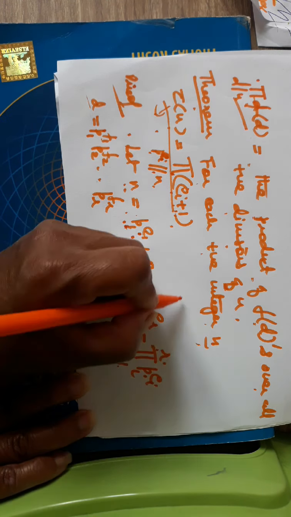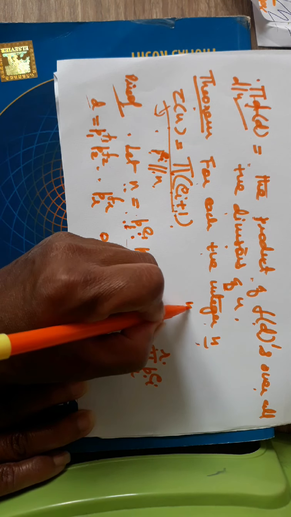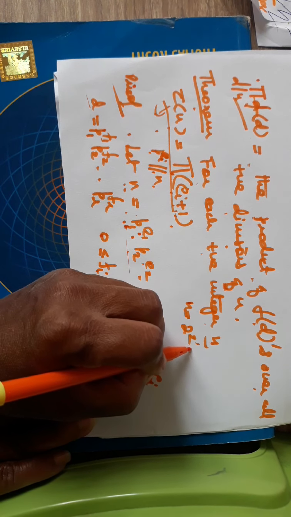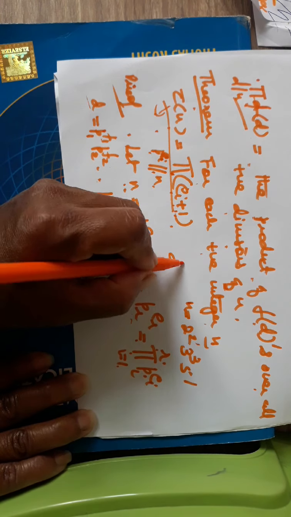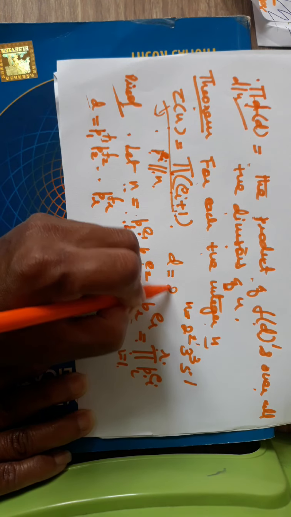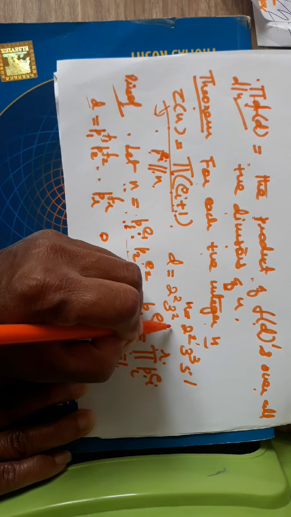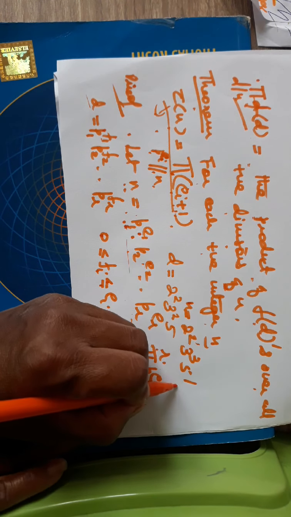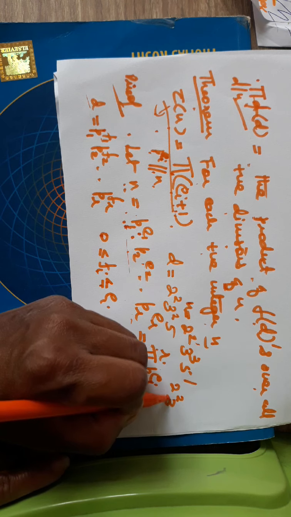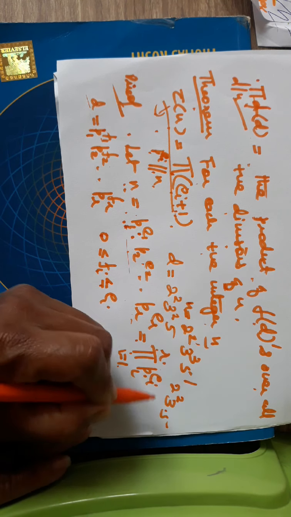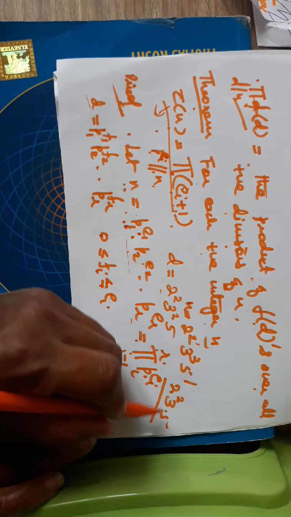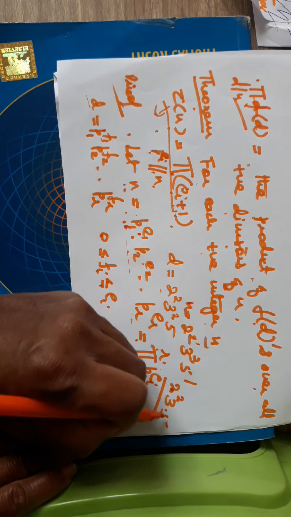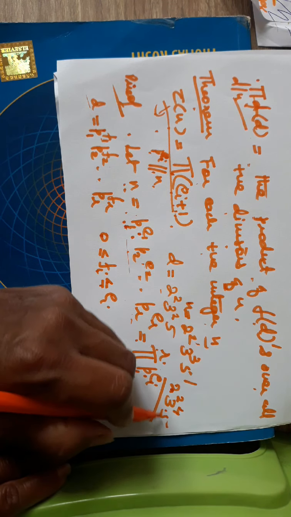For example, if you have n equal to 2 squared into 3 to the power 3 into 5 to the power 1, then as a divisor d you can take 2 squared, 3 squared and 5, or you can write 2 squared, 3 into 5. These are all divisors of n. But you cannot take 2 to the power 2, 3 to the power 4 and 5.